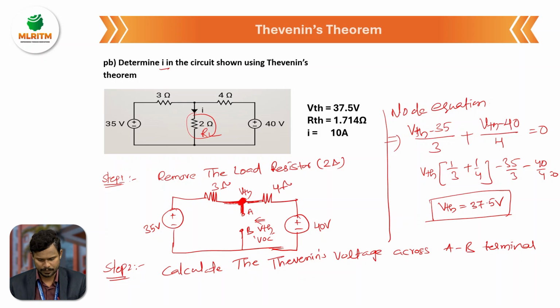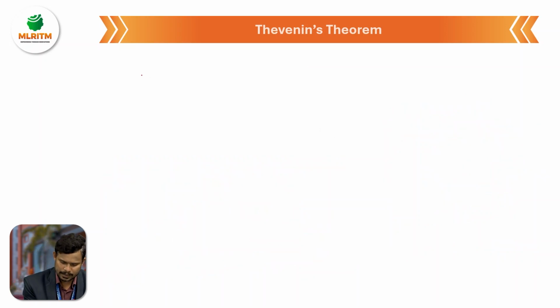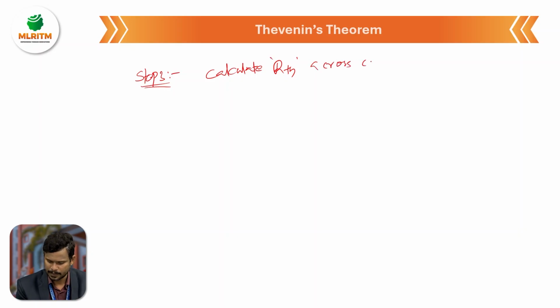Next, step number 3. Calculate RTH, that is the Thevenin's resistor, across the open terminals A and B. The given circuit is this: the first source is 35 volts, and a resistor.